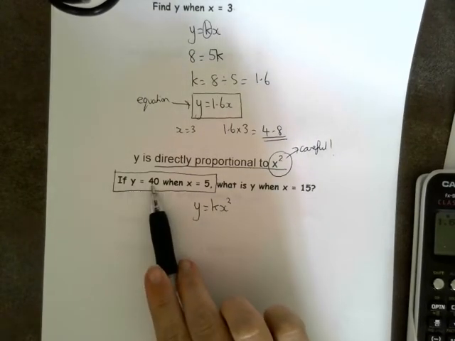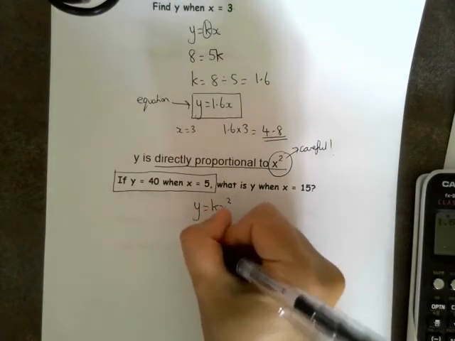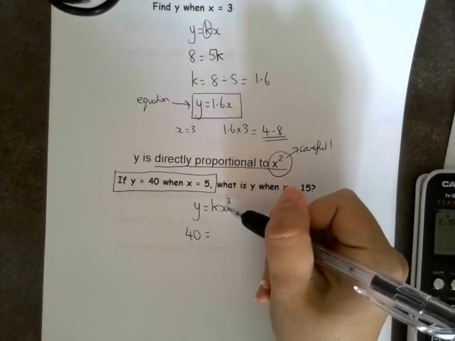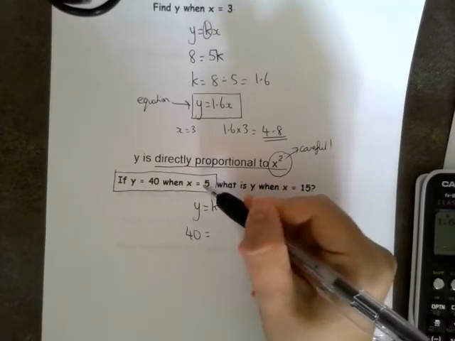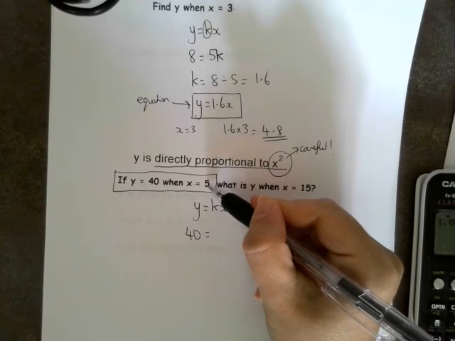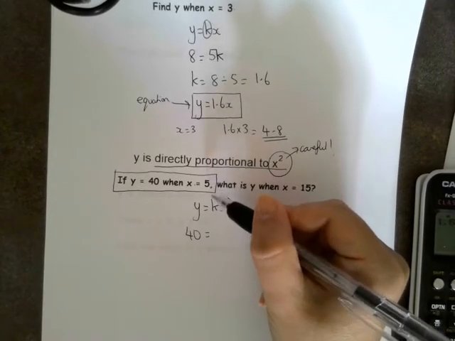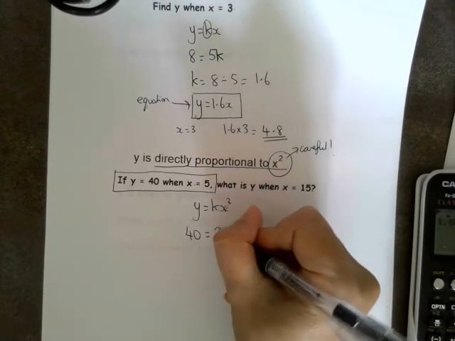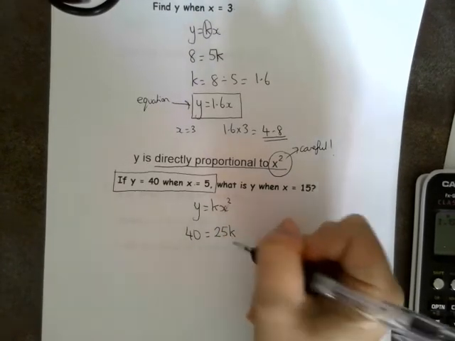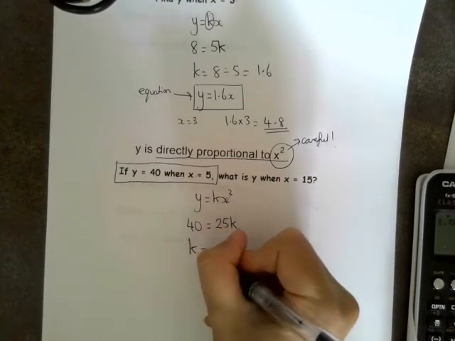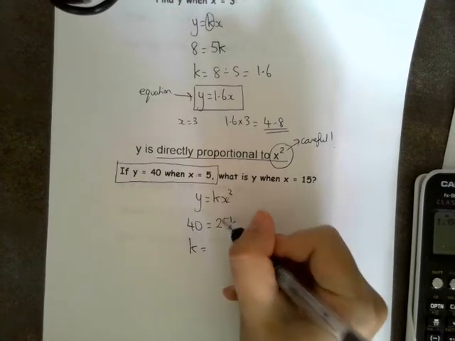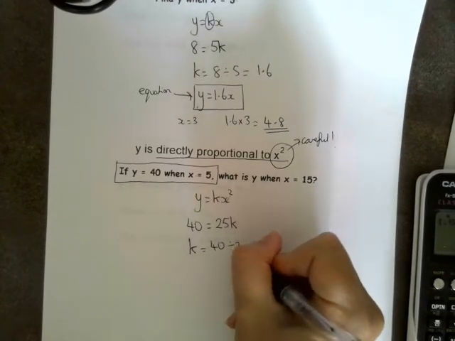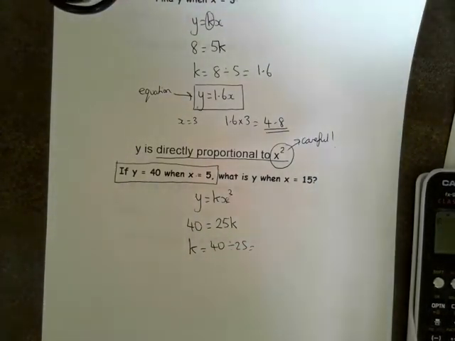So y is 40, so it would be 40 equals. And this time I need to square the x because it's x squared. So if x is 5, 5 squared is 25. So again, I'm not going to write k25, I'm going to write 25k. So to work out k, I do my division. So it's going to be 40 divided by 25, which is 1.6.